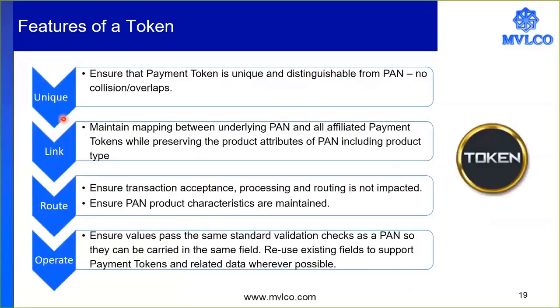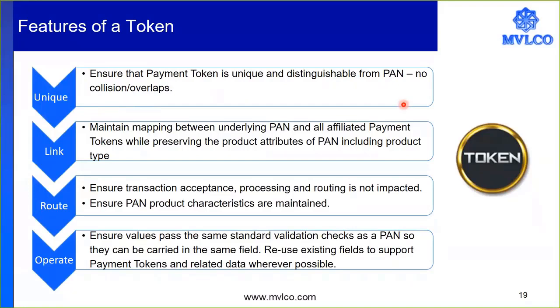So if I were to summarize, I can say the features of a token are unique. It is going to be distinguishable from the PAN, right? Like my primary account number had an issuer identification number, similarly, my token number is also going to carry a specific series which I can use for transaction routing, and is going to have the same kind of syntax or format as my original primary account number.